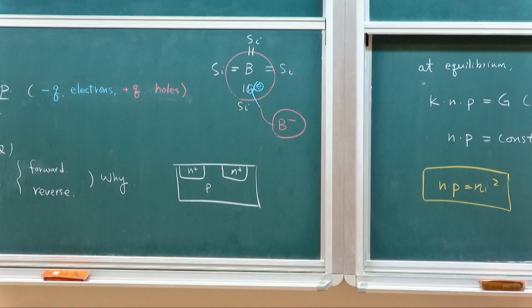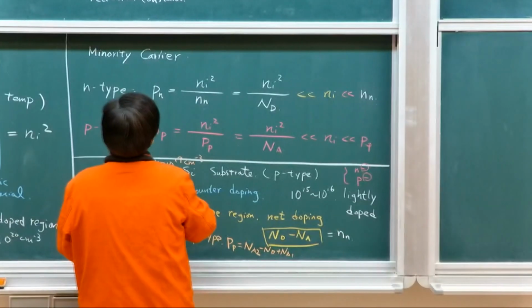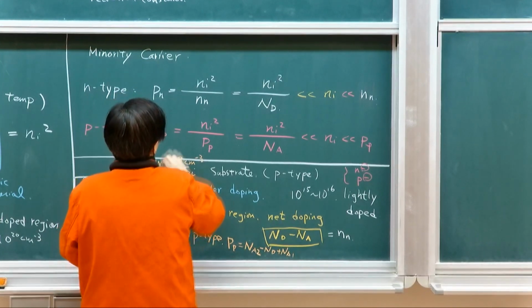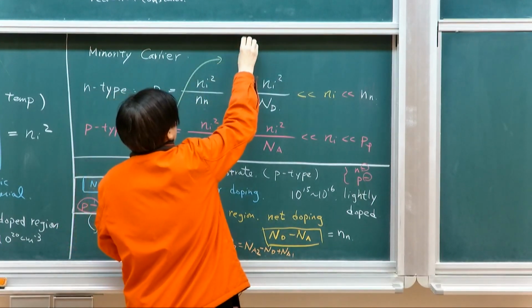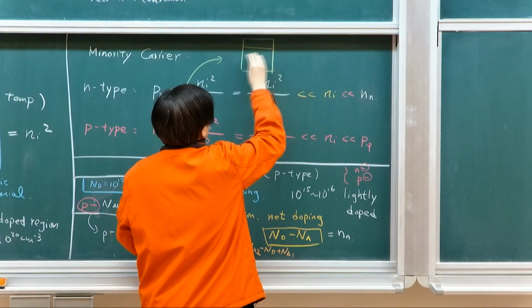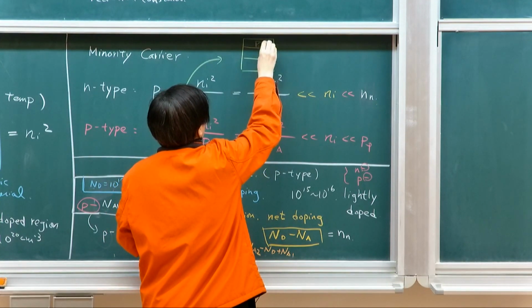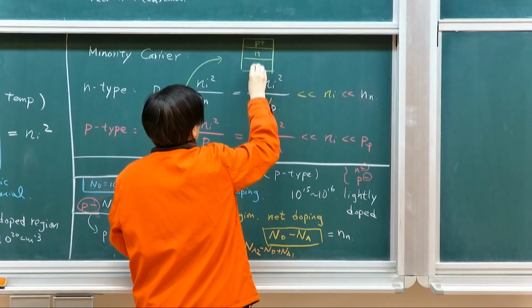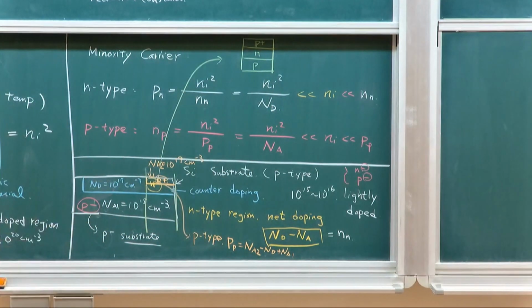In this case, if I'm magnifying it and drawing it out, this will be a P plus region, N and P. So that will give us a bipolar junction transistor.